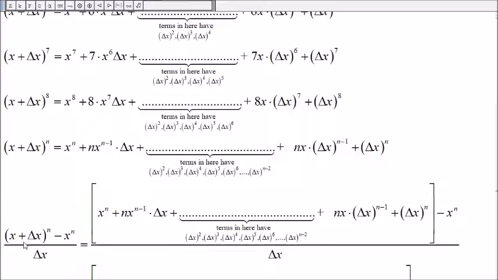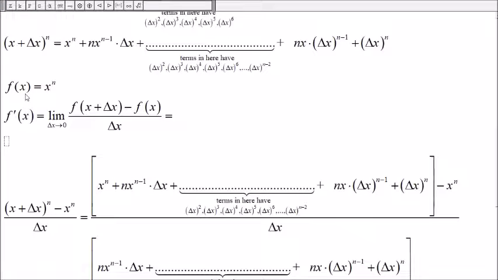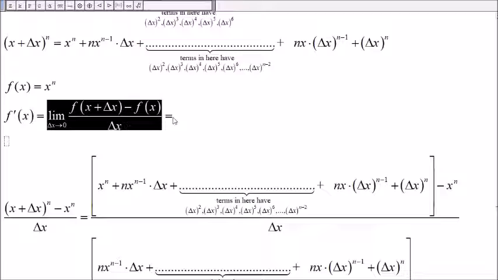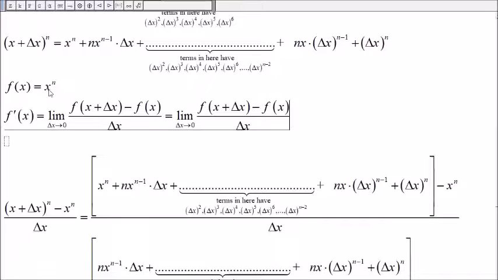This is the difference quotient. The function we're dealing with is f of x equal to x to the n, and we want to find the derivative. And so by definition it is f of x plus delta x minus f of x divided by delta x. And so this will become this. F of x is just x to the n.